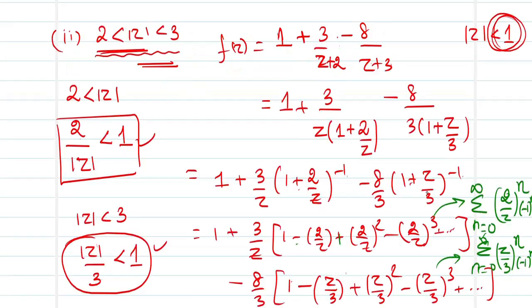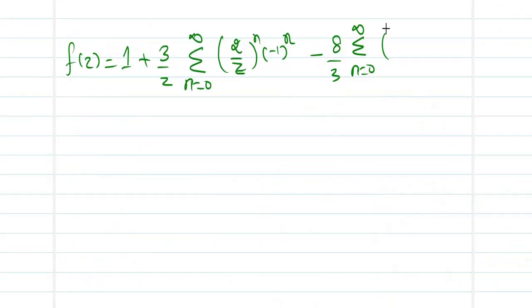You have this to be equal to (z by 3)^n and a minus 1 power n.